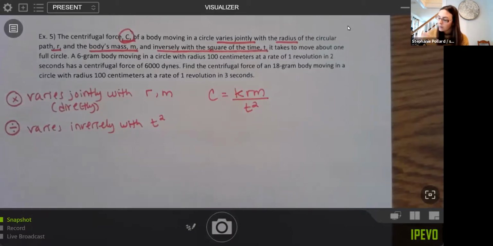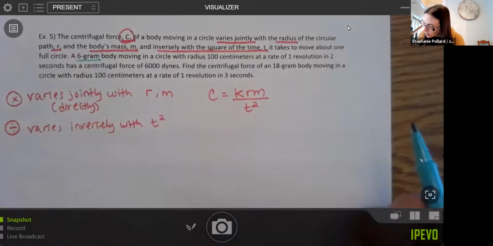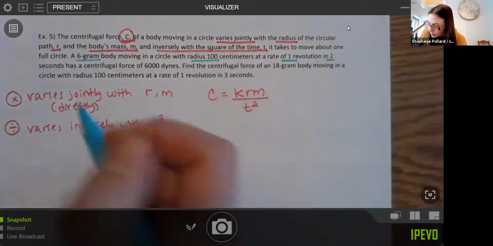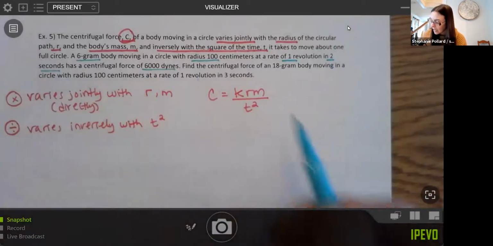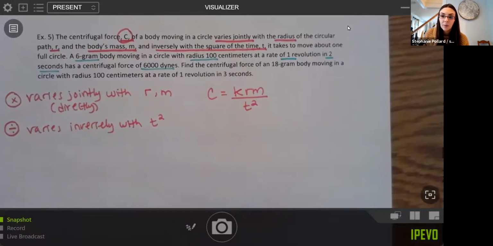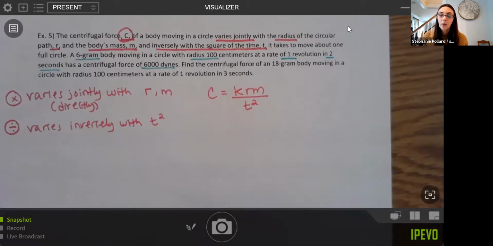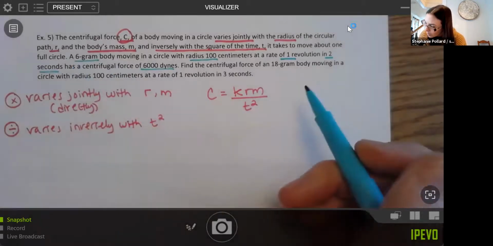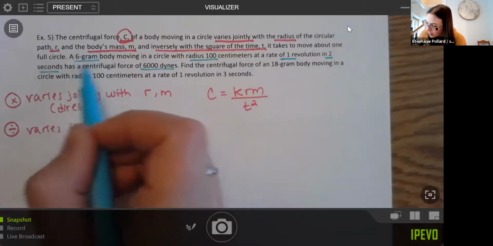All right, so now we should have some information so we can actually find k. A 6-gram body moving in a circle with radius 100 centimeters at a rate of 1 revolution in 2 seconds has a centrifugal force of 6,000 dynes. So even if you're not a physics person, and I'm not gonna lie, I'm not a physics person, we can still solve this equation. Even if I really don't know anything about the background or the units, we can still solve this. So for instance, we're looking at a 6-gram body. That's the mass.